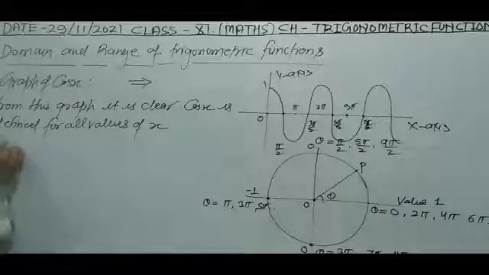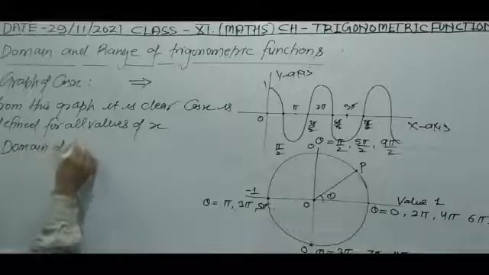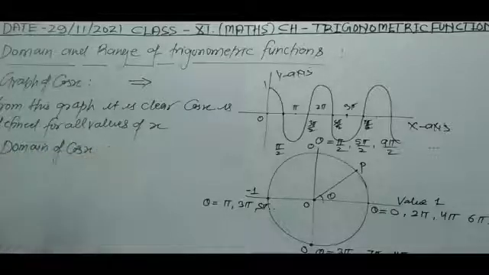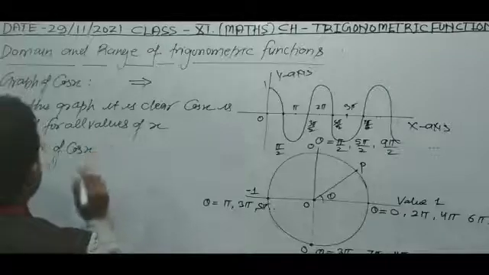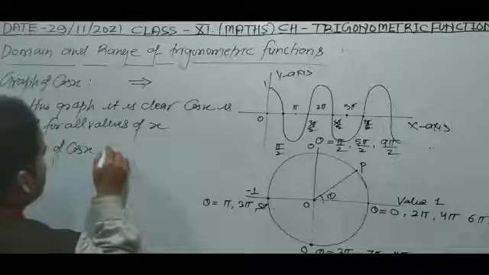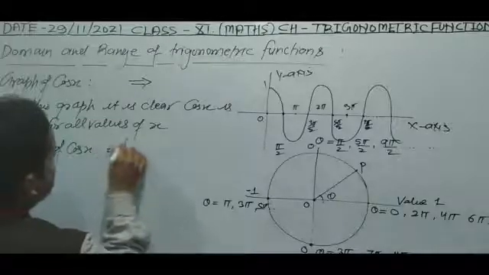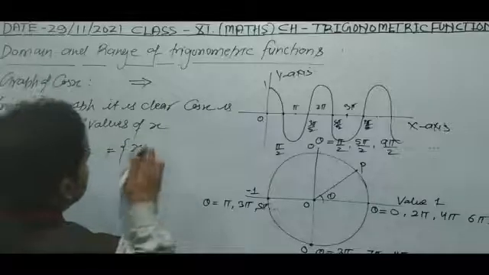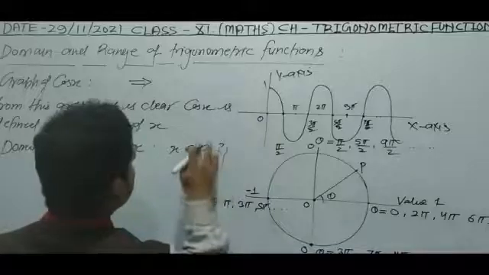Therefore, the domain of cos x is all real numbers. Domain of cos x will be equal to x such that x belongs to all real numbers.